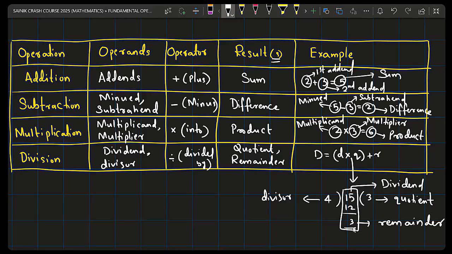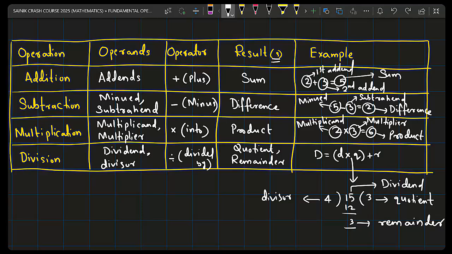That means it is not a division operation, it is subtraction. So while subtracting, this 15 is called minuend, this 12 is called subtrahend, and this 3 is called difference. So in that operation, the 12 is subtrahend. In different operations, we have different names.